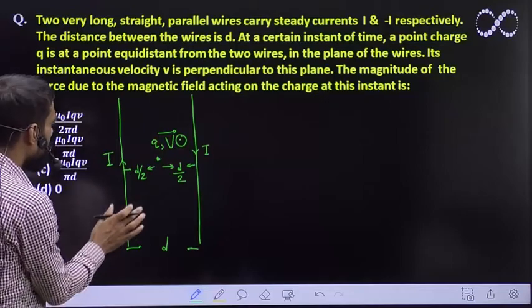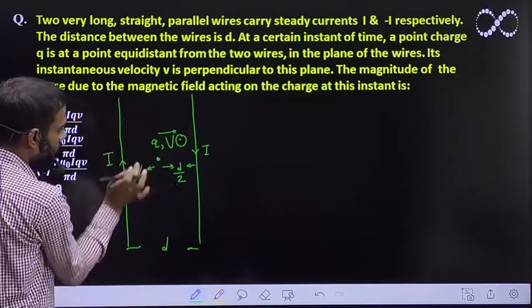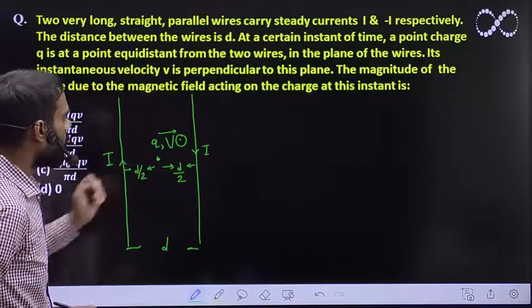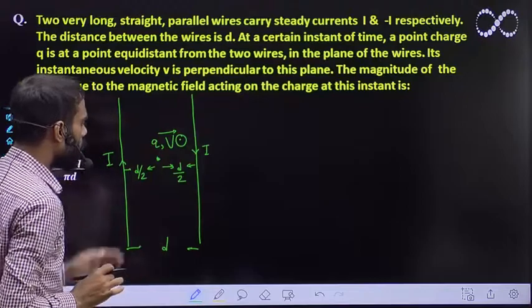Now see, for this wire the magnetic field will be perpendicular to the plane. For this wire also the magnetic field will be perpendicular to the plane. So one thing is sure.